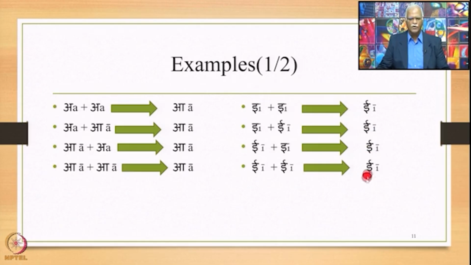So in all these four possibilities, the output is long vowel, long i, and the inputs are i plus i in the first case, i plus long i in the second, long i plus i, and long i plus long i, and the output in all these four cases is long i, the long vowel, dirgha. This is the savarna dirgha sandhi.